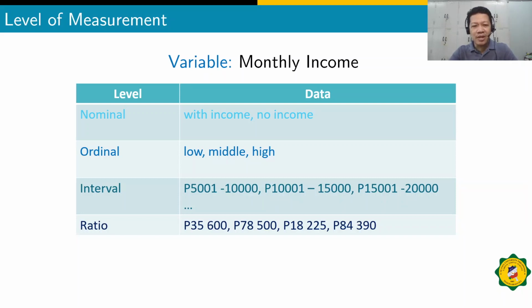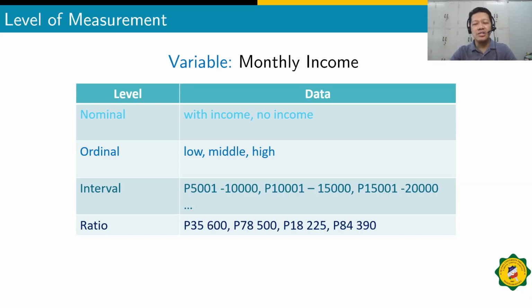The data that you are collecting is in the nominal level. But if you want your respondents to describe their monthly income as low, middle, or high, your data is in the ordinal level. And if you want to collect data like 5,001 to 10,000, 10,001 to 15,000, and so on, you did not start with zero in counting or in measuring.